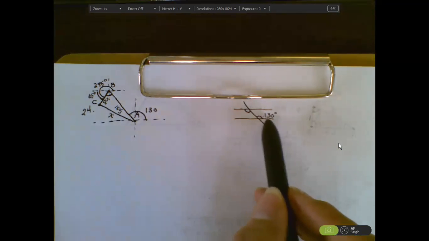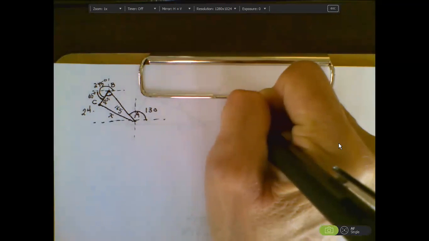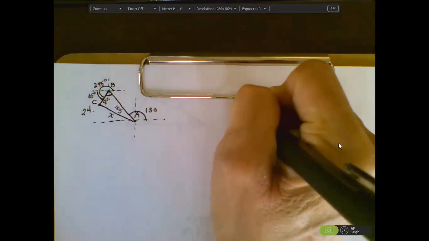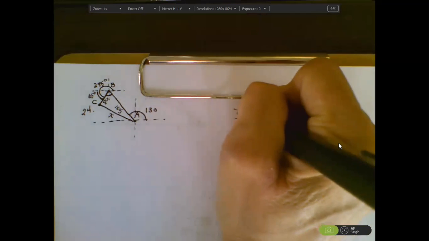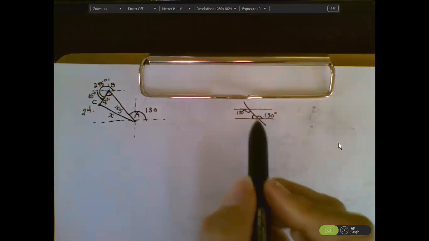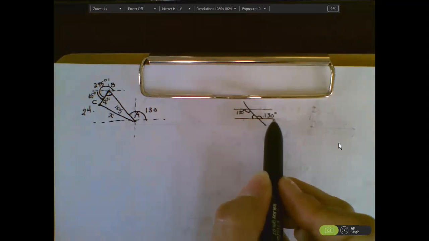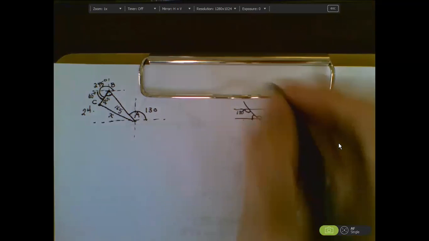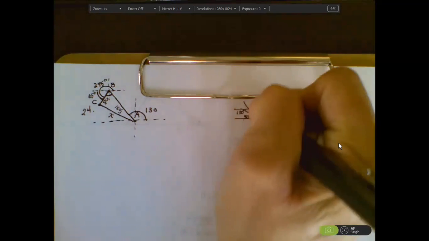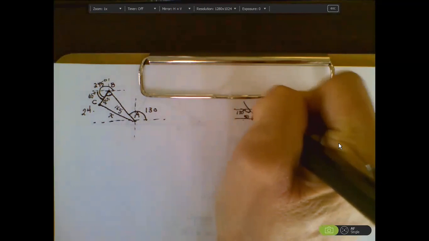If this is 130 degrees, then this has to be 130 degrees. Opposite interior angles are equal. And what does this angle have to be if these two angles form a straight line? 50. That little angle. 50. Yeah. And so this one has to be 50.